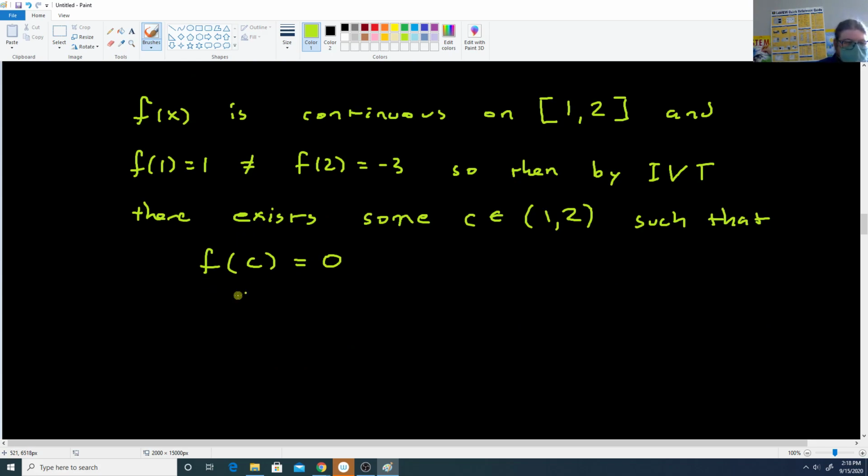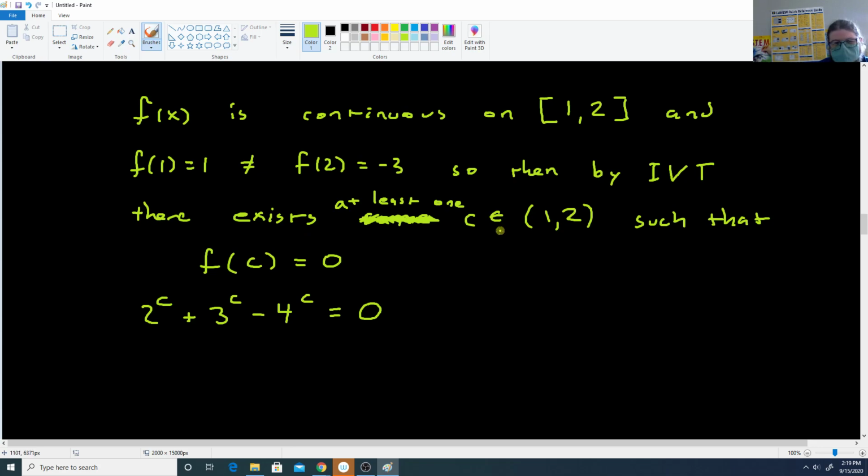So f of c equals 0 means 2 to the c plus 3 to the c minus 4 to the c equals 0. So the intermediate value theorem guarantees us that there is some c such that 2 to the c plus 3 to the c minus 4 to the c equals 0. Well, I wrote there exists some c, and I really should say there exists at least one c. The statement says at least one, so we should use at least one.